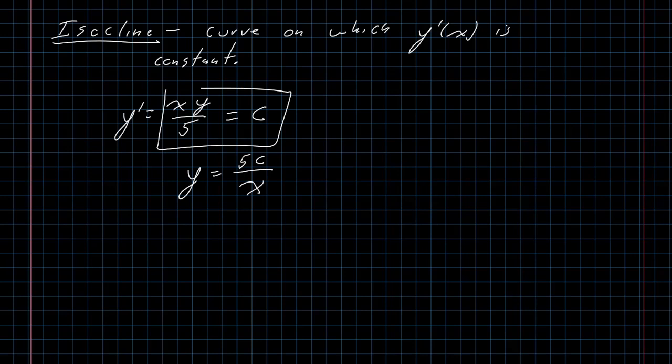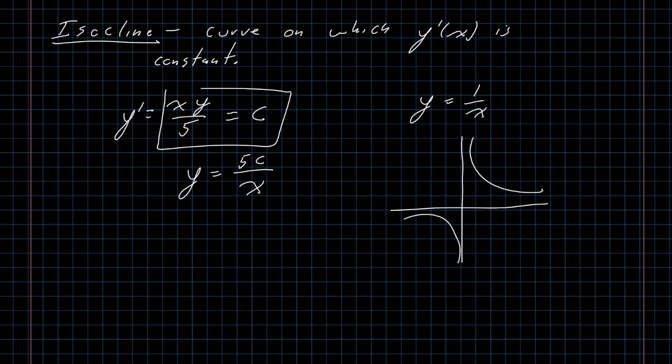That's something that I understand. I know what the graph of y equals 1 over x looks like. It's the curve that looks kind of like that.